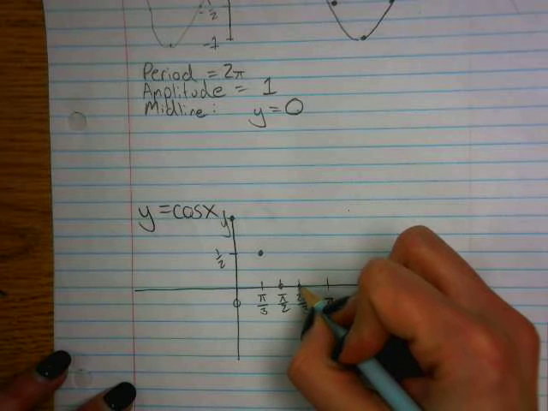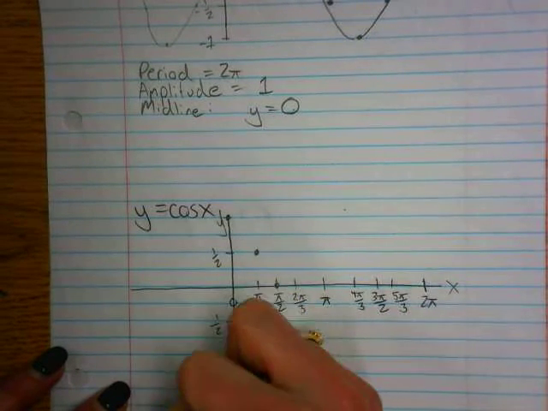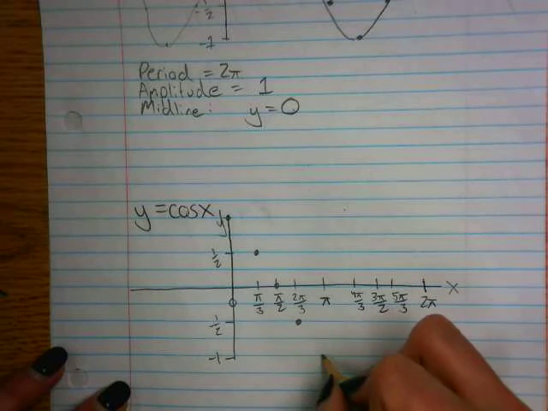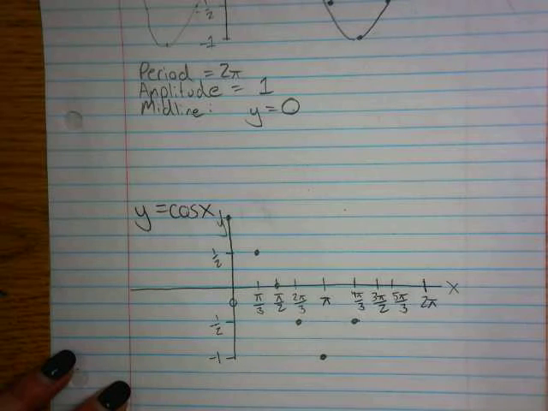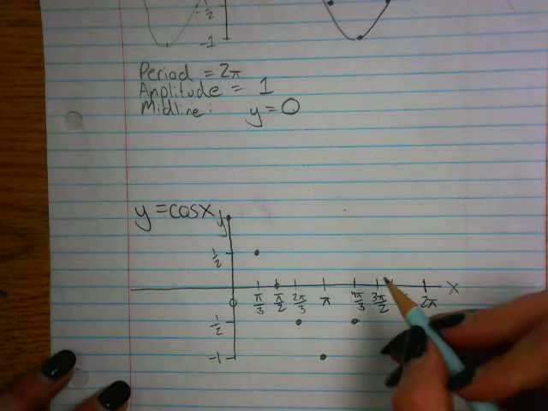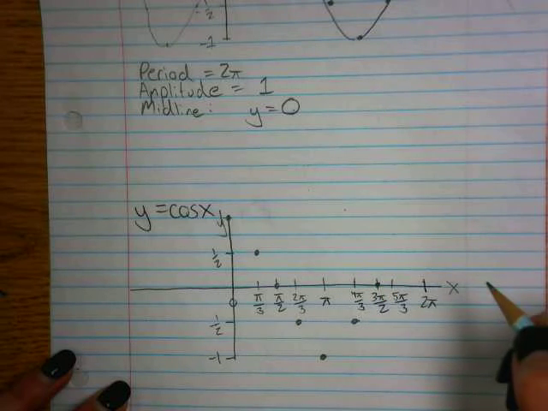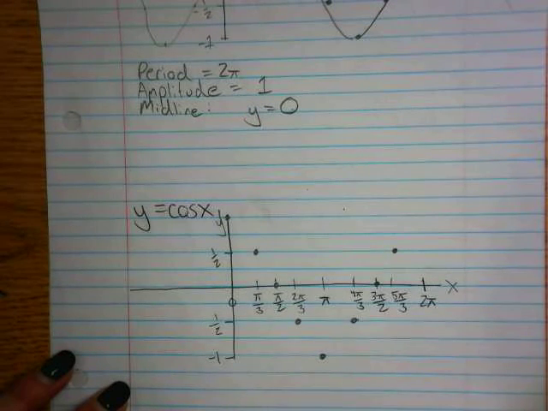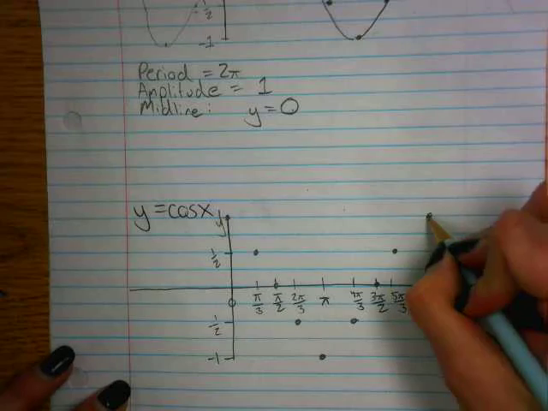Cosine of 2 pi over 3 in the second quadrant would be negative 1/2. And this will continue. Pi would be negative 1. 4 pi over 3, back to negative 1/2. 3 pi over 2, back to 0. 5 pi over 3, in the fourth quadrant, our cosine is back to being positive, positive 1/2, and at 2 pi we're back to 1.